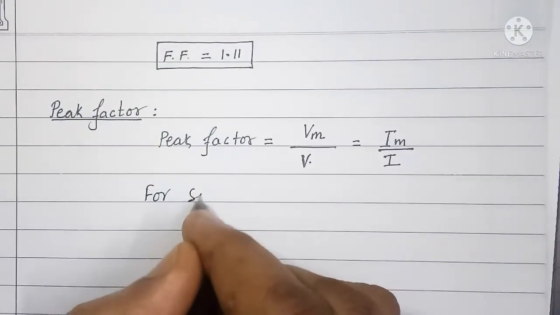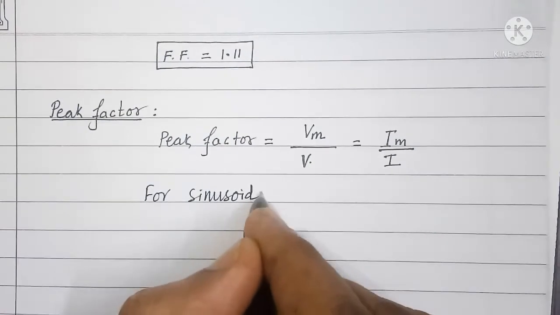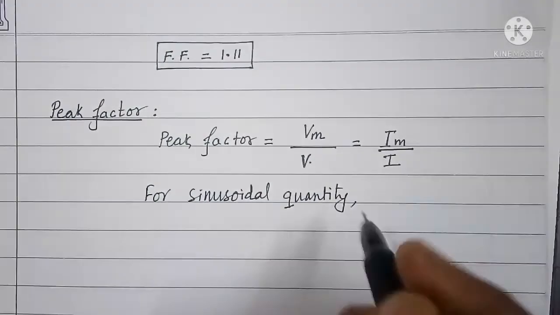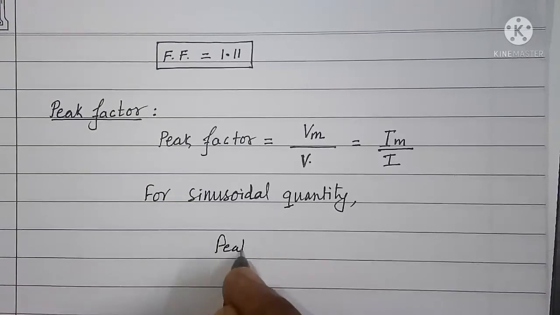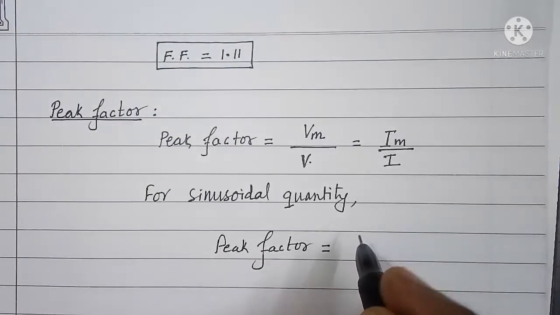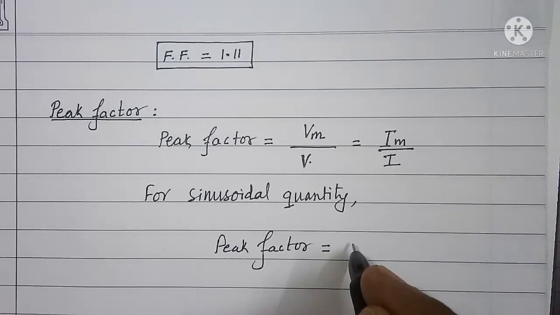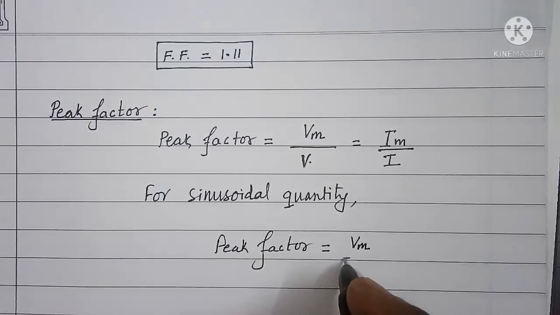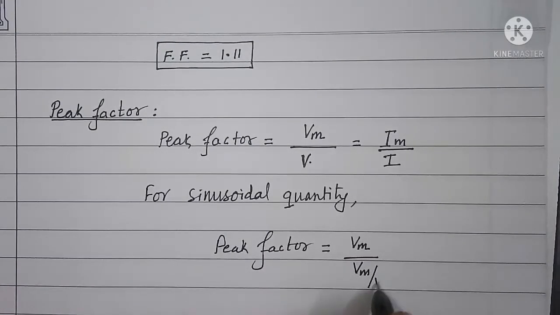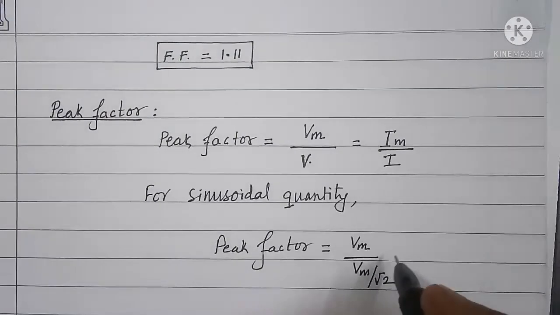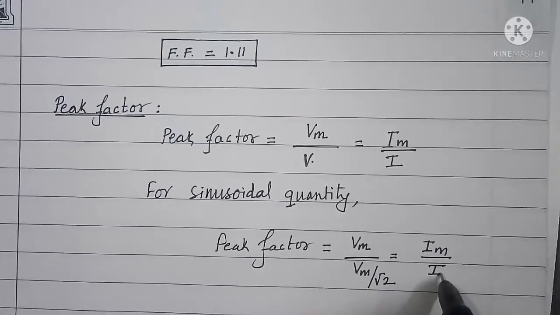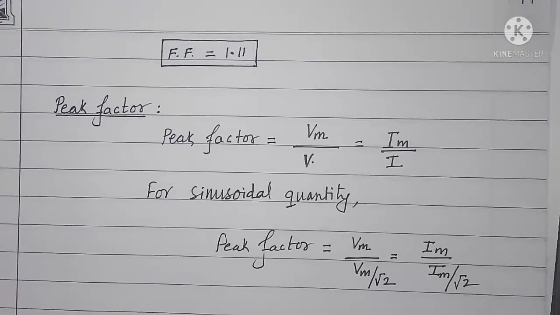For sinusoidal quantity, peak factor is equal to Vm divided by V. V is Vm divided by root 2, that is equal to Im by root 2.